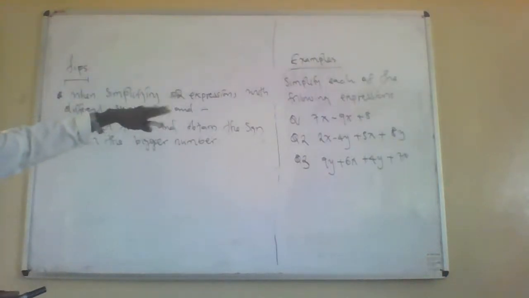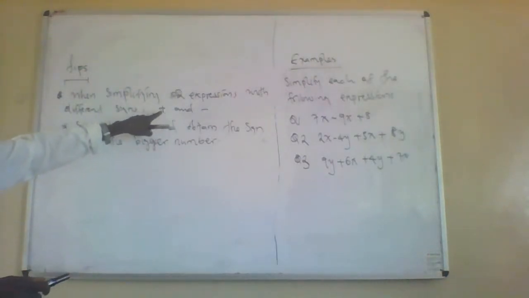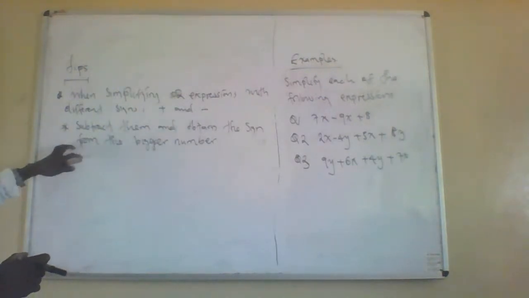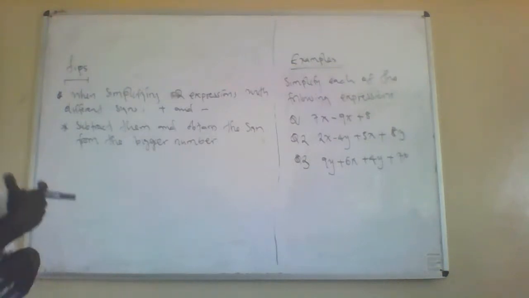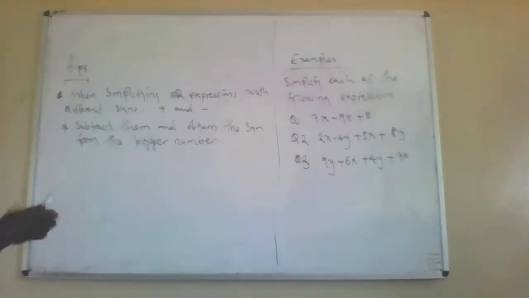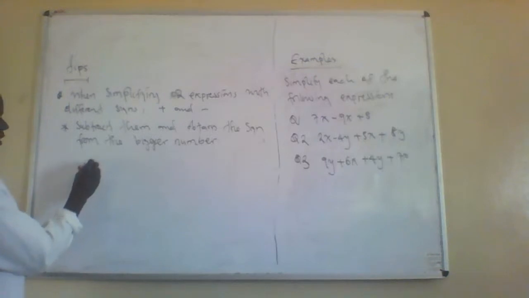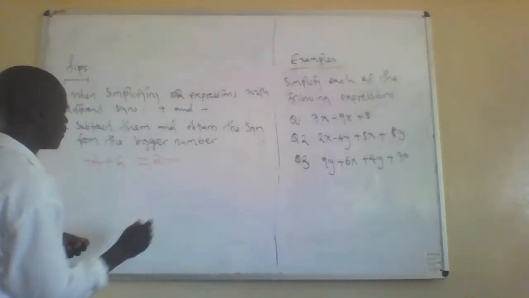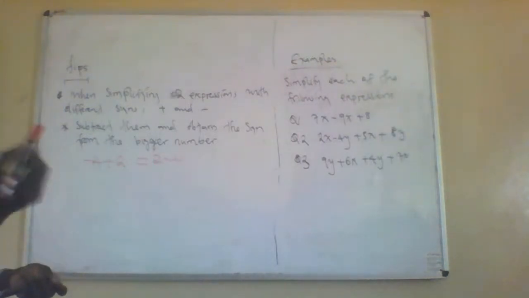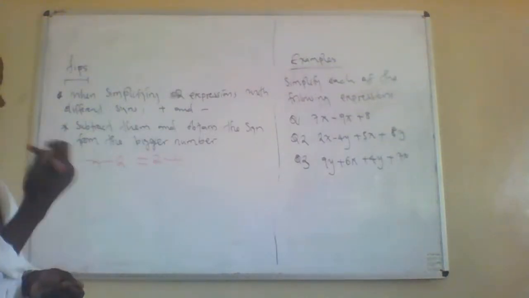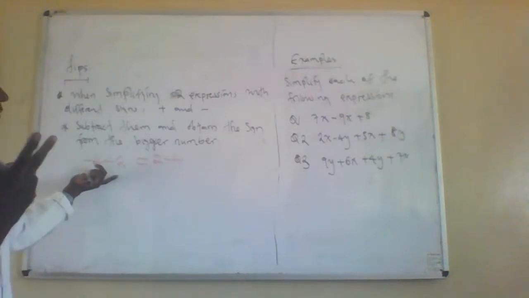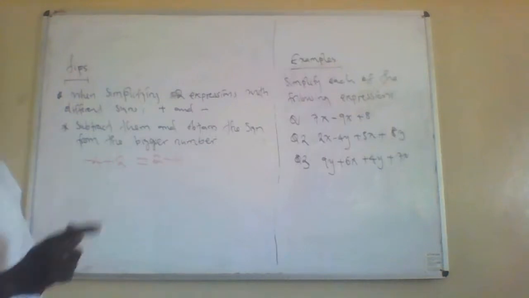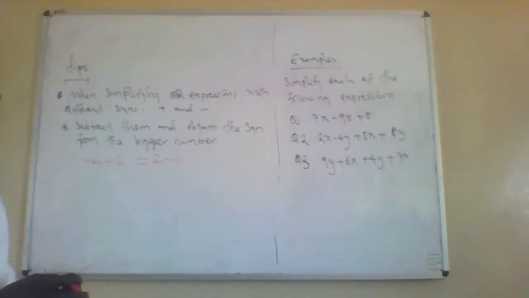So when you're simplifying two terms that have different signs, a positive sign as well as a negative sign, all you have to do is subtract them, regardless of the way they are presented. You can have expressions such as -4 plus 2, which is the same as 2 minus 4. For as long as you have two terms that have different signs, subtract them and get the overall sign from the bigger number.